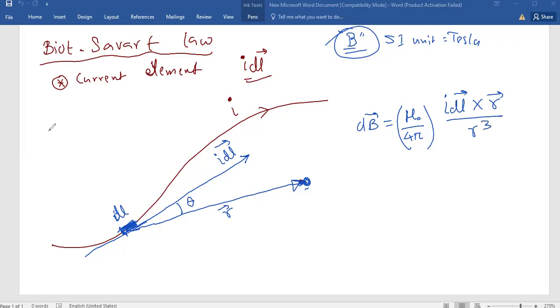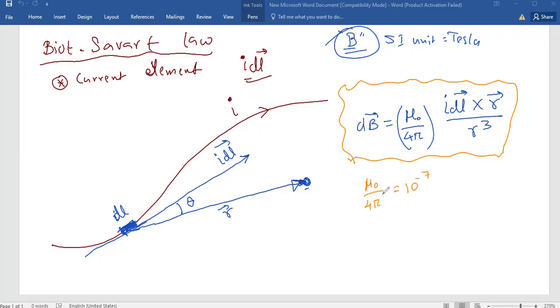This is the Biot-Savart law in its raw form, the basic format. Depending upon the configuration of the wire, whether it is a straight line or a circular line, you will then have the actual magnetic field. Here, mu naught by 4 pi is 10 to the power minus 7.